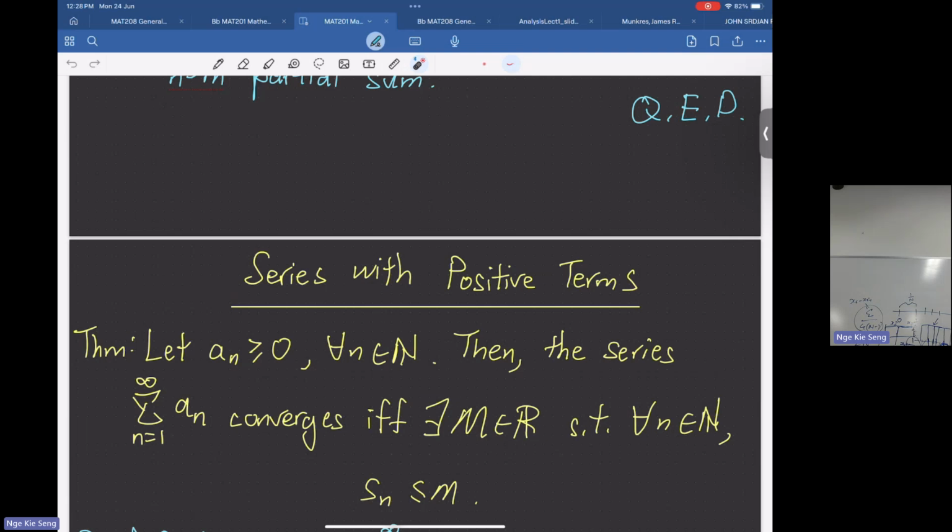Does this S_n non-decrease or non-increase?